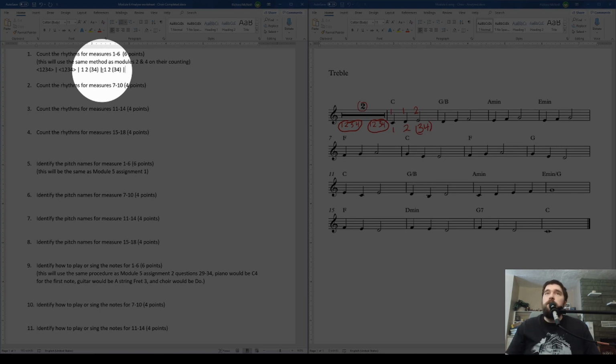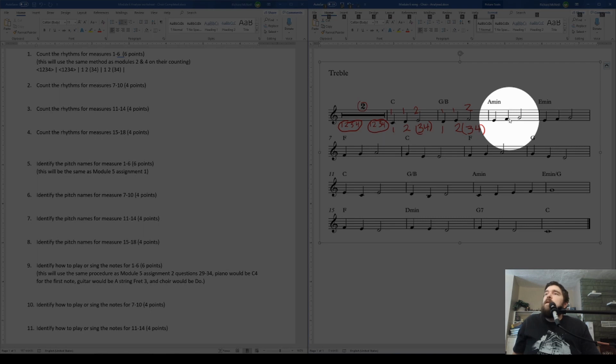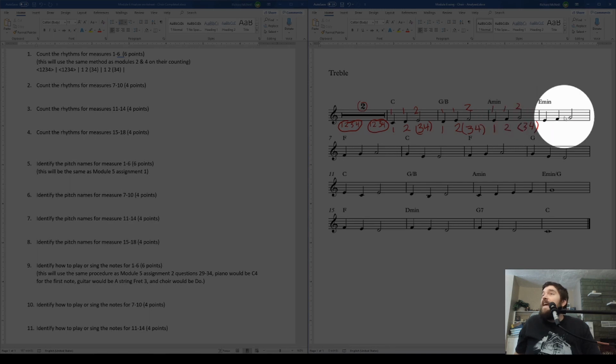Then another measure. Now I am looking at measures 5 and 6, the last 2 measures of this, and I see 1 beat, 1 beat, 2 beats, so it's 1, 2, and then inside of parentheses 3, 4. Measure 6 is the same as well, the exact same as measure 5.